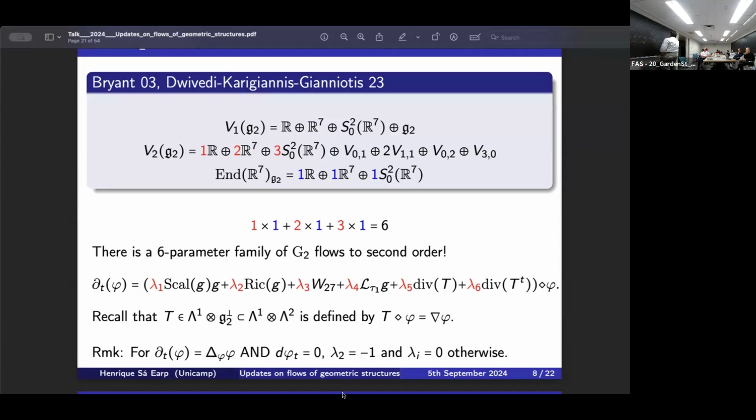In the discrete version, phi at t equals 0 is the initial condition, and at the next step t plus 1 you consider the Laplacian in the direction of the previous iteration.